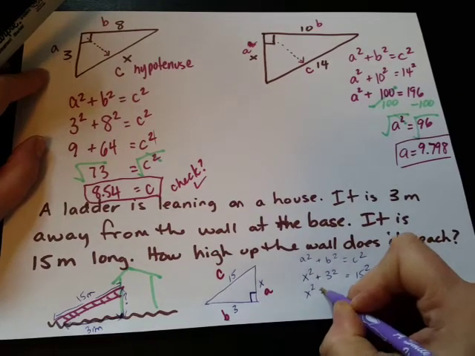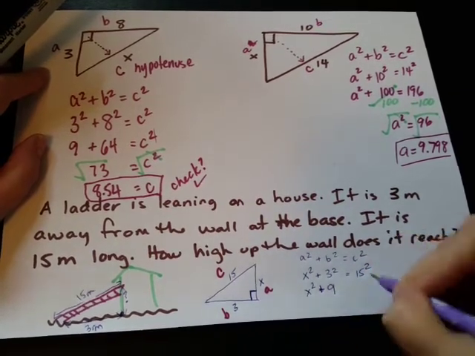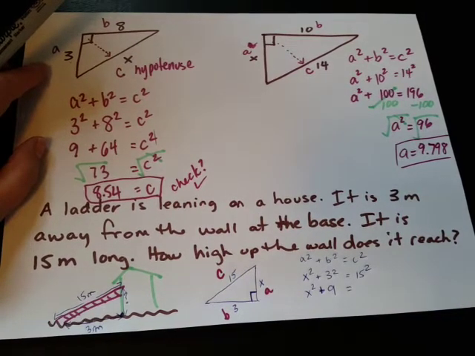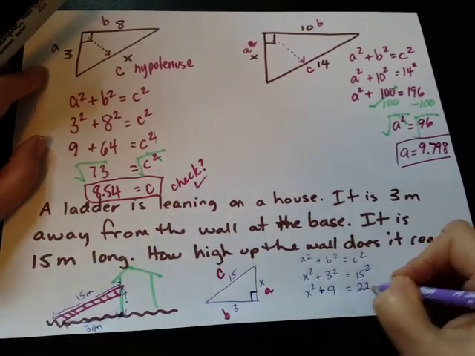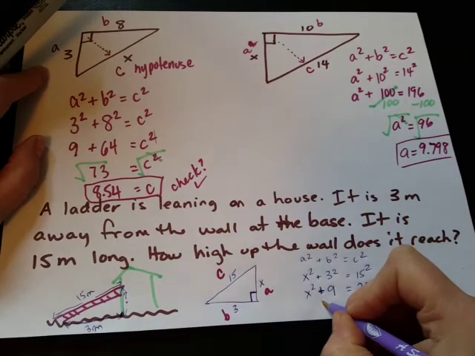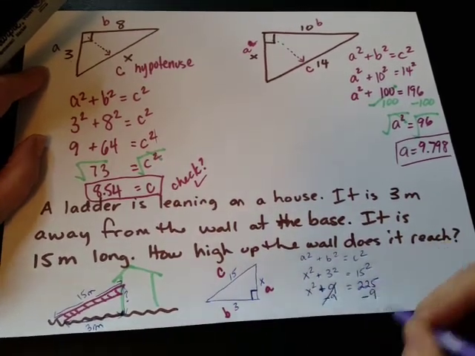So 3 times 3 will be 9. 15 times 15 will be 225. And we'll try to get x squared by itself. So we're going to subtract off the 9 from this side, subtract off the 9 from this side.